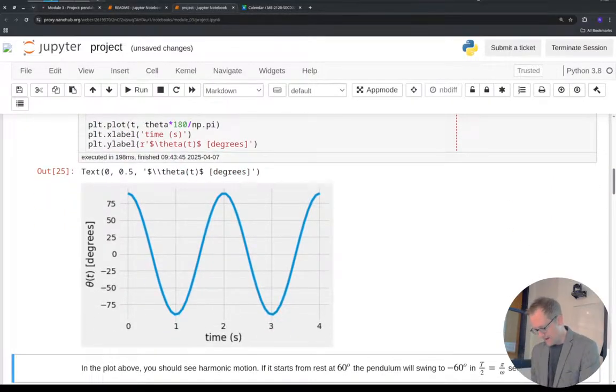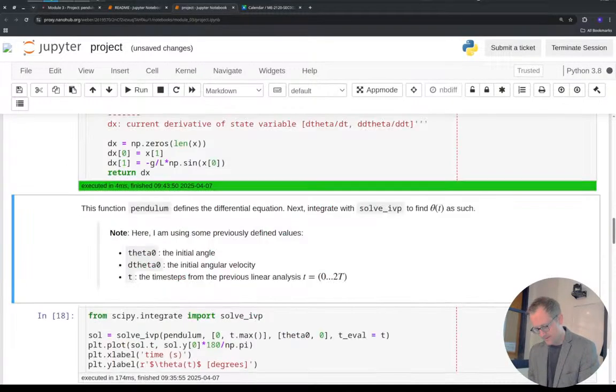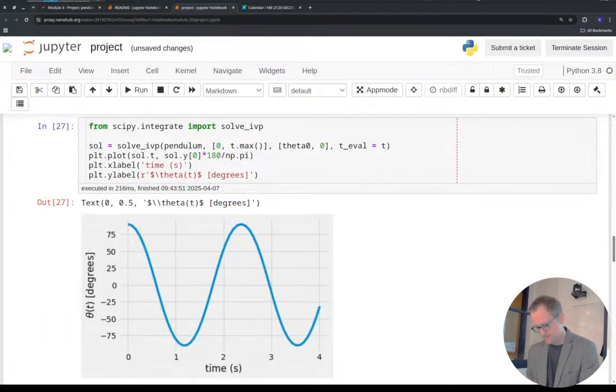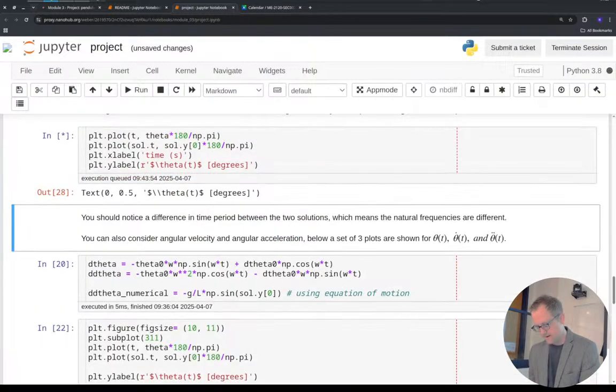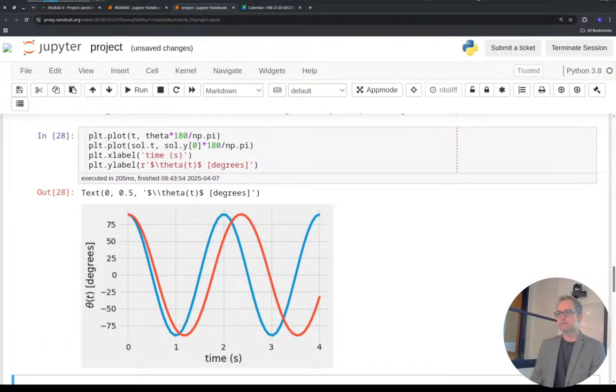Go 90 to negative 90. Now we see a distinct difference in time period, right? A very measurable difference in time period.